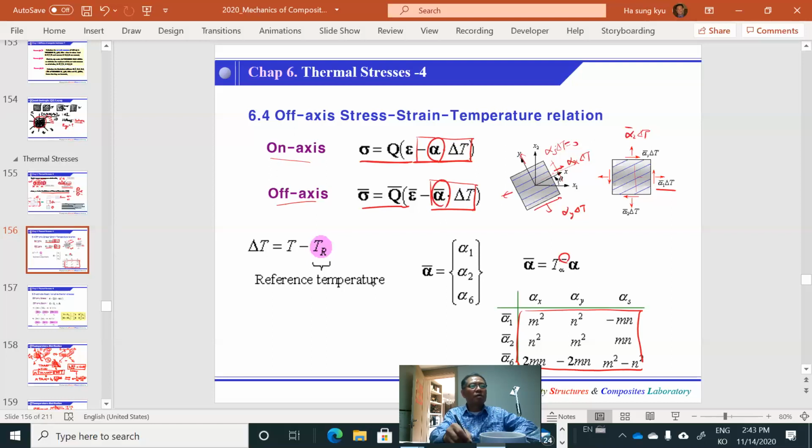Minus direction means it goes that way, right? This way transformation. So alpha multiplied by minus is this direction, and we get this. So we have a minus epsilon. This is already given. So this is how we transform the CTE in off axis.